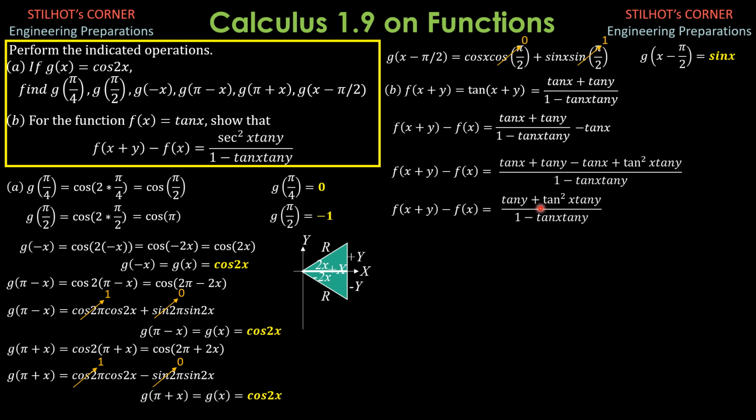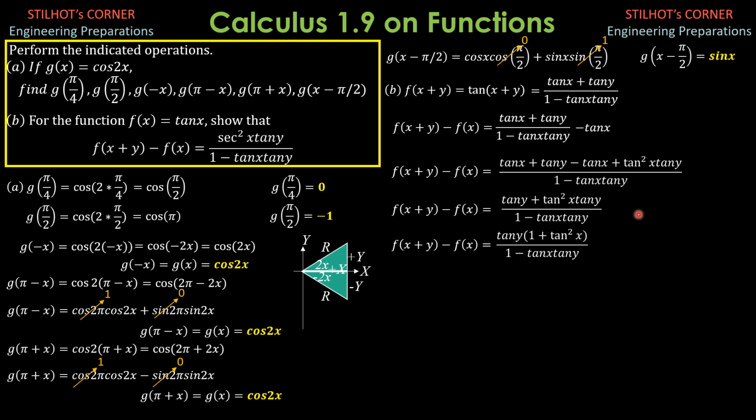Then we factor out tangent y in the numerator, so we have f of x plus y minus f of x equals tangent y times quantity 1 plus tangent square x all over 1 minus tangent x tangent y. So from trigo, this is the identity of 1 plus tangent square x is equal to secant square x, and that's the fundamental identity.